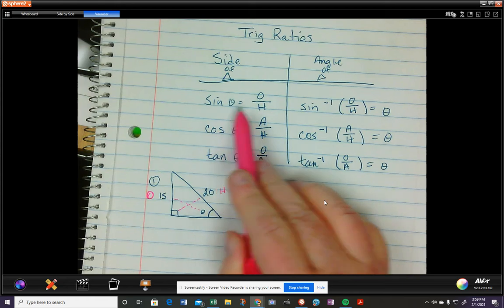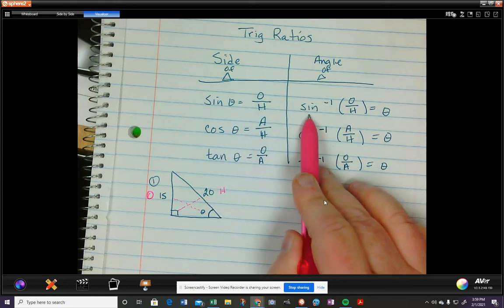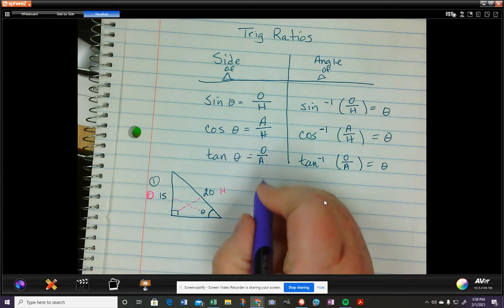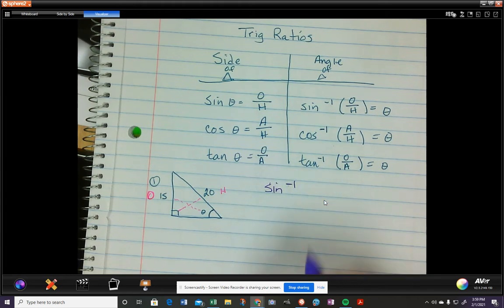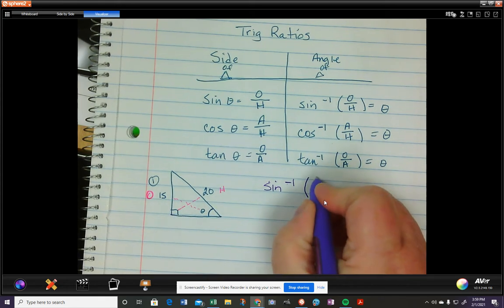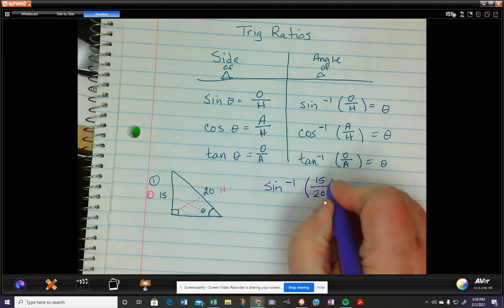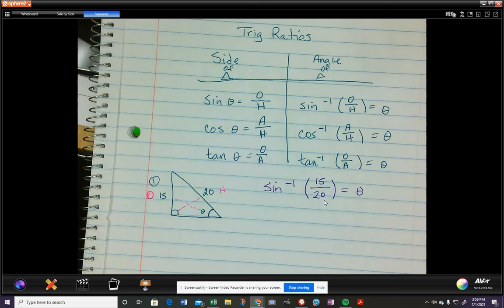No, so I need sine inverse, the inverse of sine. So what I'm going to do is sine inverse, and I'm going to write down 15 over 20 in parentheses equals theta. I'm going to get my handy calculator that's on my phone and unlock it.